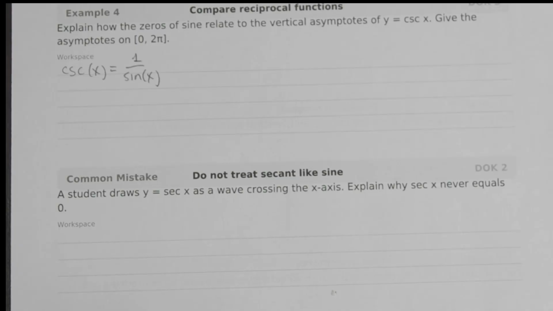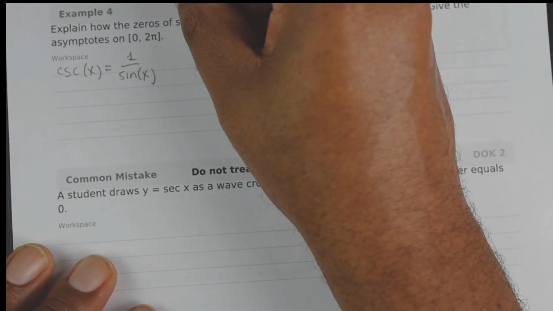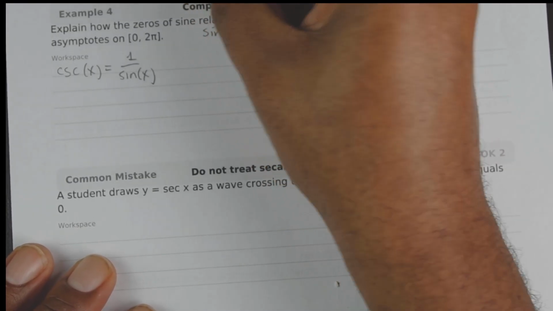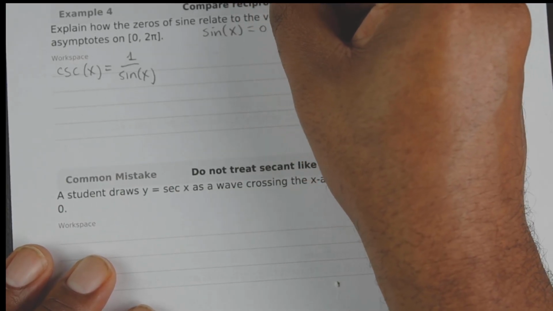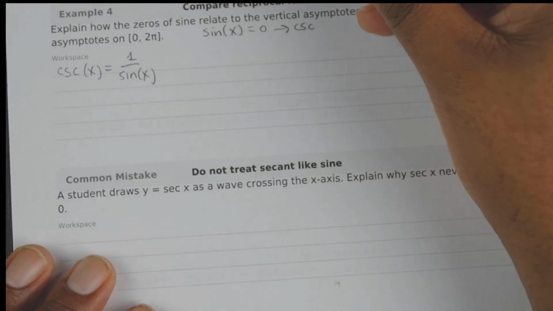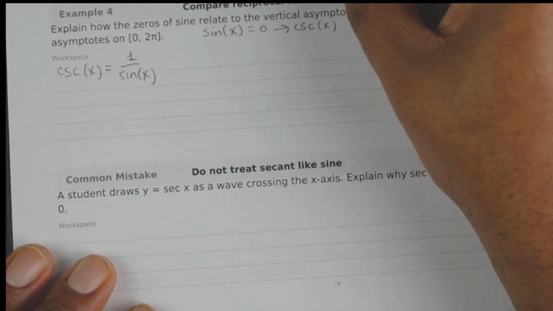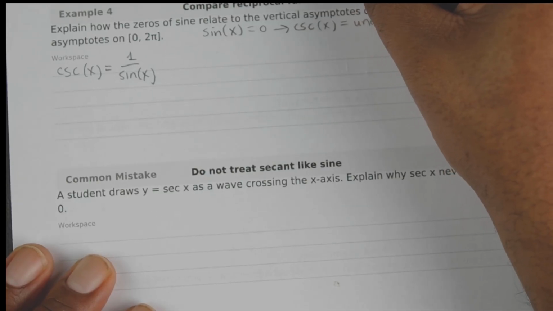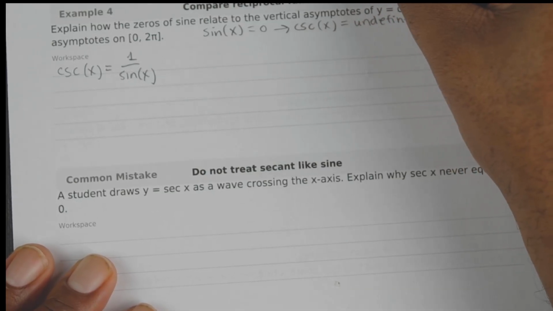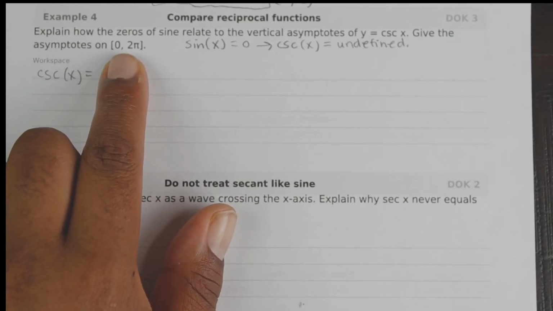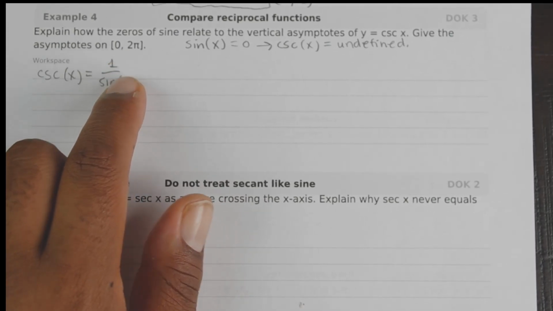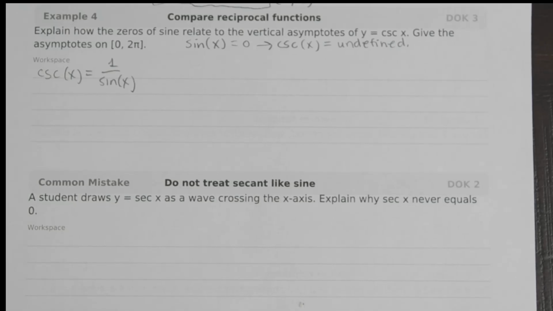So sine x equals 0 up here. Then cosecant is undefined. Now we're looking at this from the interval that we looked at earlier, 0 to 2 pi, because again, this is a parent function.